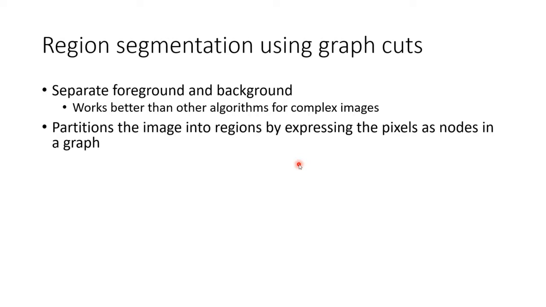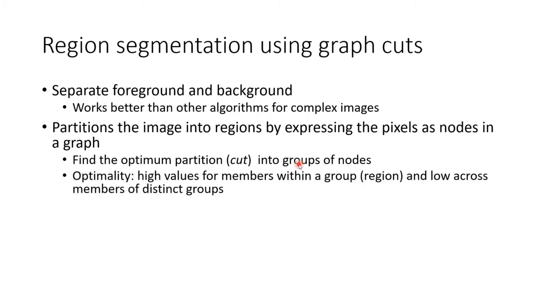The idea is then to partition the image into regions by expressing the pixels as nodes in a graph, right? Every pixel will be assigned to a node in a graph. Then we have to find the optimal partition, called the optimum cut, into groups of nodes.